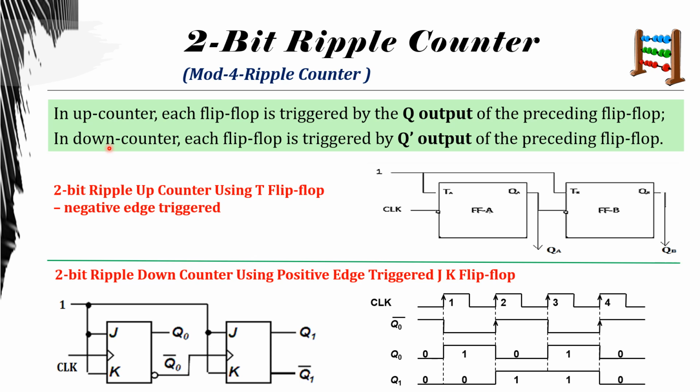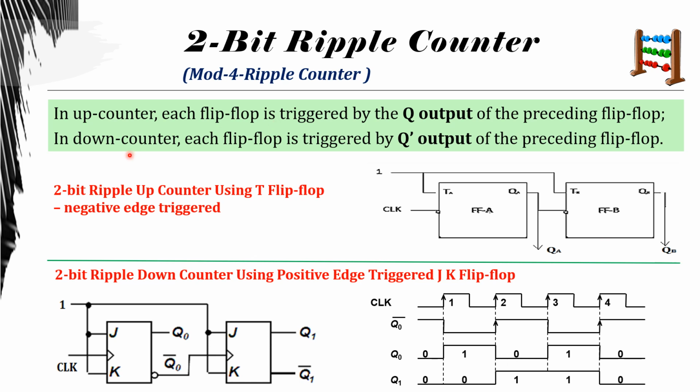down direction. Based on that, we'll be having two types of 2-bit ripple counters, 2-bit ripple up counter and 2-bit ripple down counter. In the case of up counter, each flip-flop is triggered by the Q output of the preceding flip-flop. That is, the Q output of the flip-flop is connected as the clock input of the next flip-flop connected in the chain.